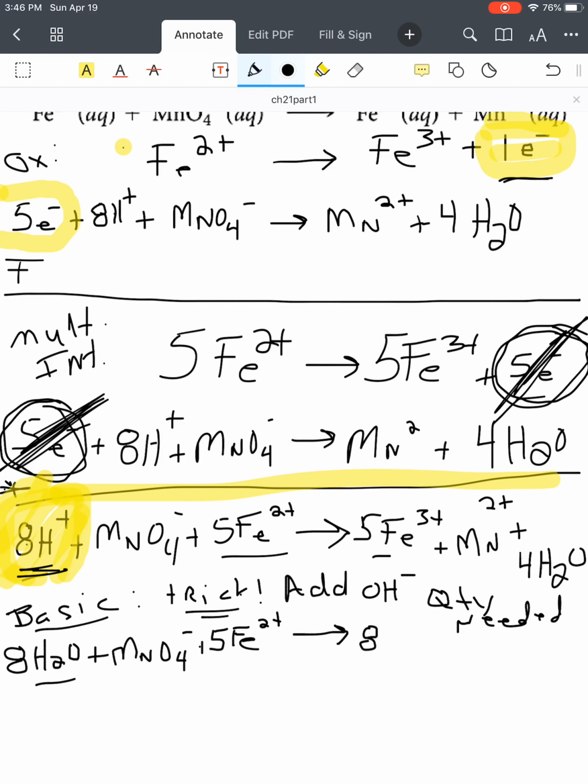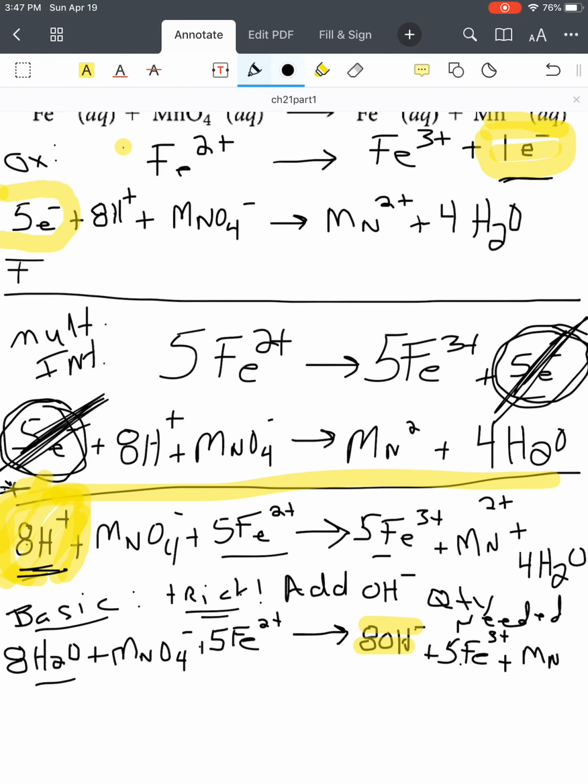Now, since I add those 8 OHs to the left, I also need to add them to the right. Can't forget about that. Okay, so because I added 8 on the left, I also add 8 on the right. But then after that, everything else also comes down. So my 5 Fe comes down, Fe3 plus.